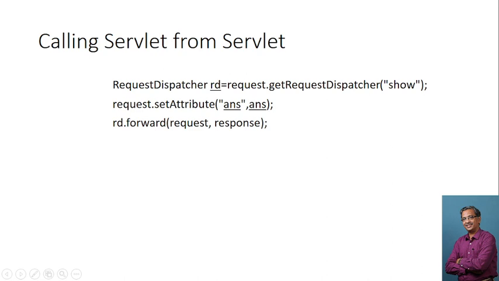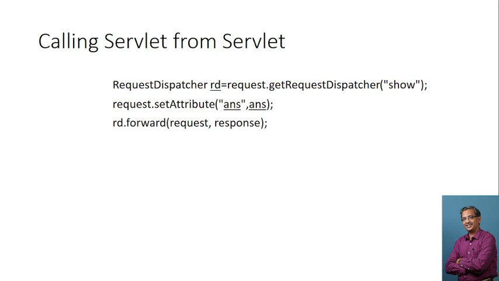Also, it is possible to call one servlet from another servlet. To call one servlet from another servlet, there are two different methods. One is sendRedirect and one is forward.